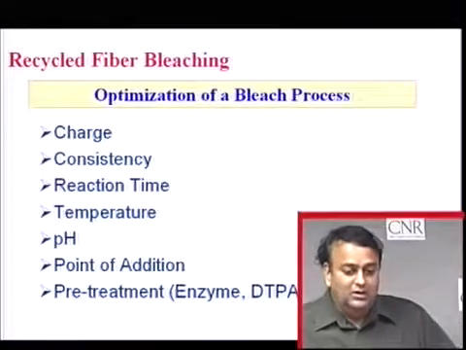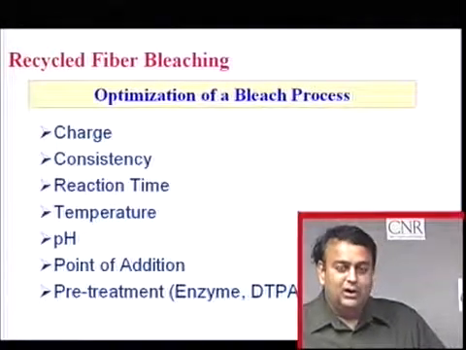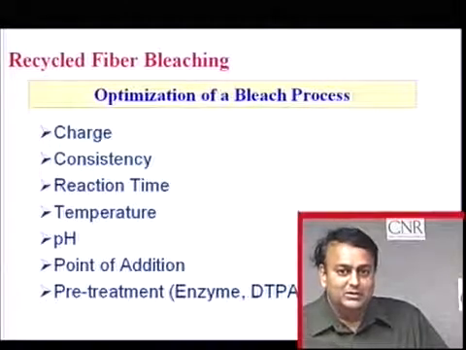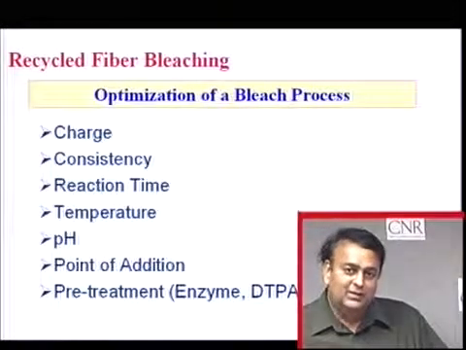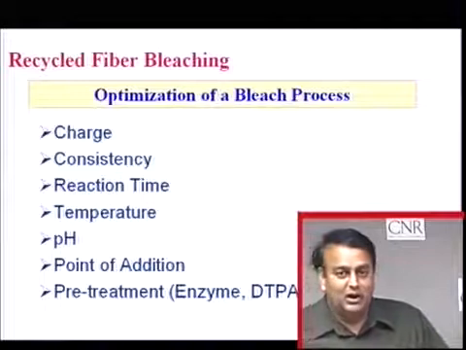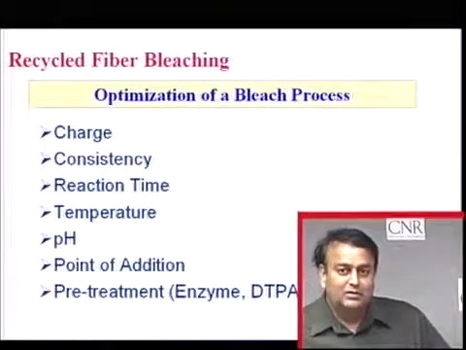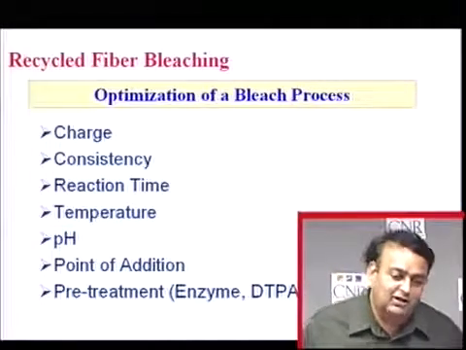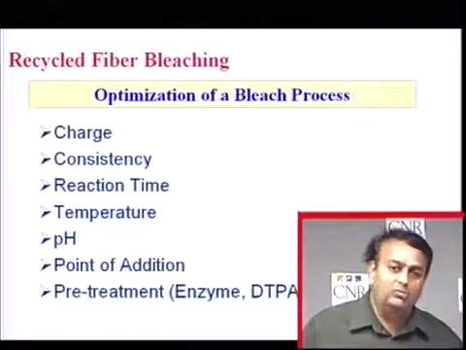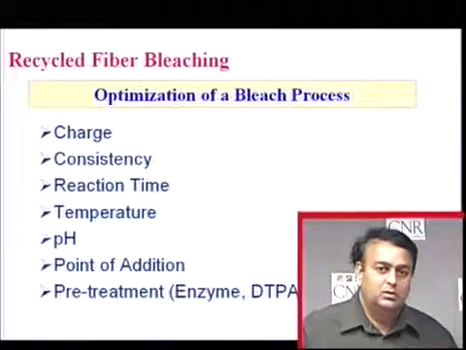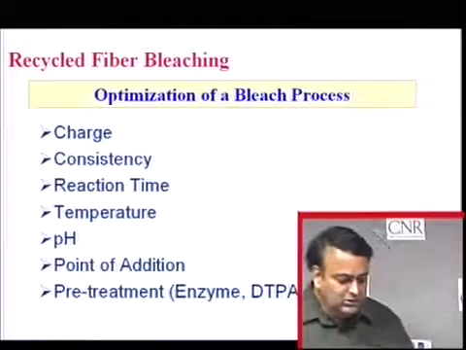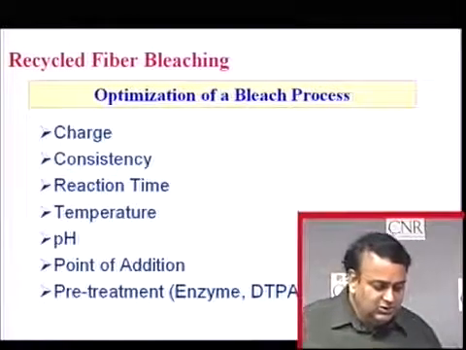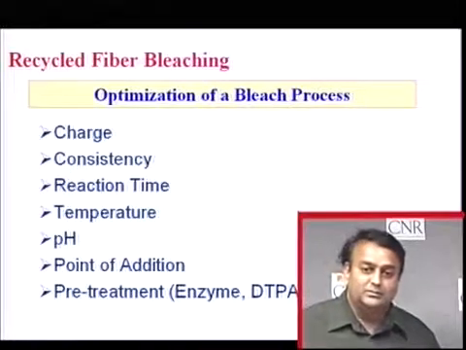Once you determine your pH and your chemical charge, you can also play with coolant. Add some coolant and see whether you need coolant or not. If you get the same brightness with and without coolant, that means your metal ions are already fixed or are very low in your process. And also you can do time and temperature variations.